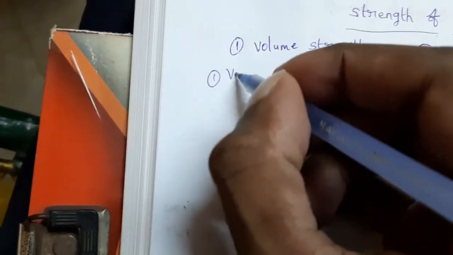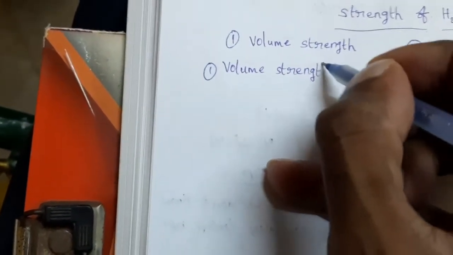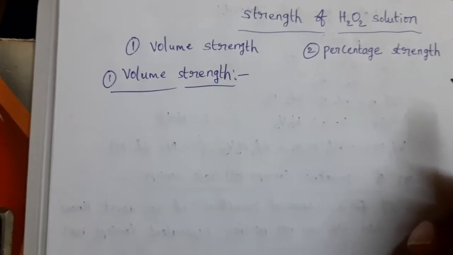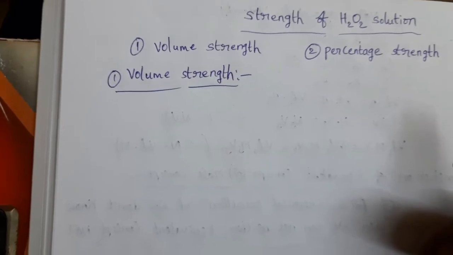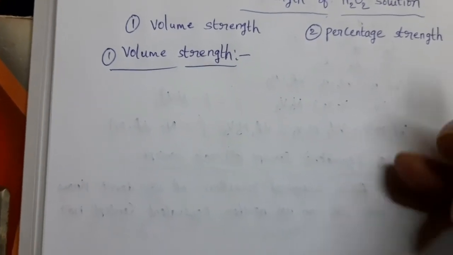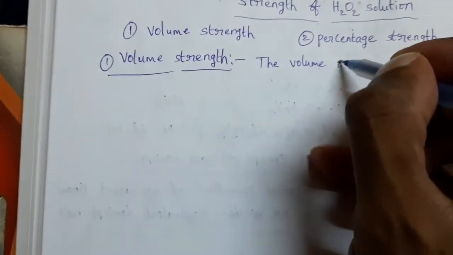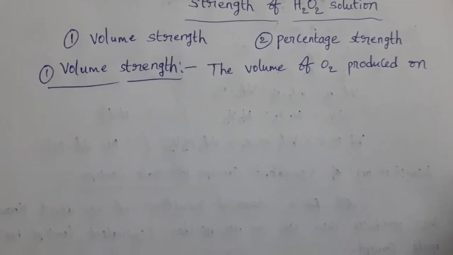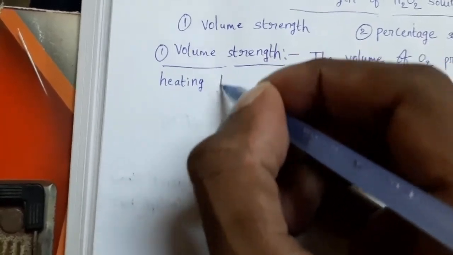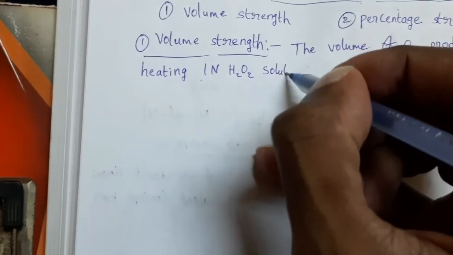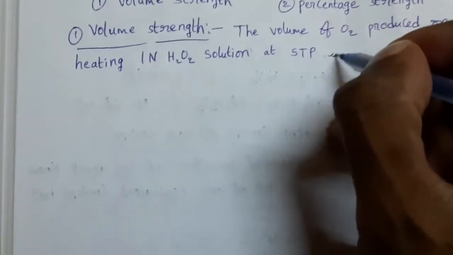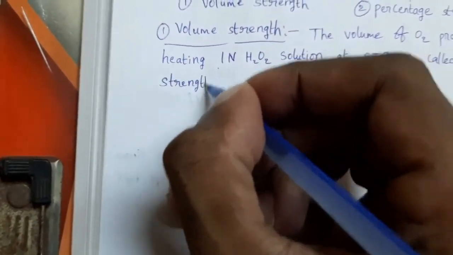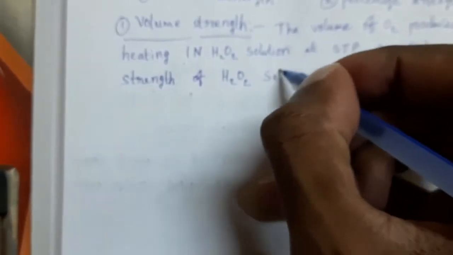Now say the first one, volume strength. Volume strength of H2O2 means the volume of O2 produced by heating one normal H2O2 solution at STP is called volume strength of H2O2 solution.